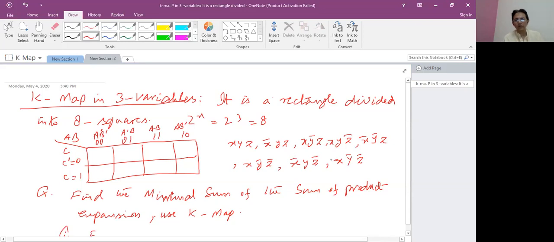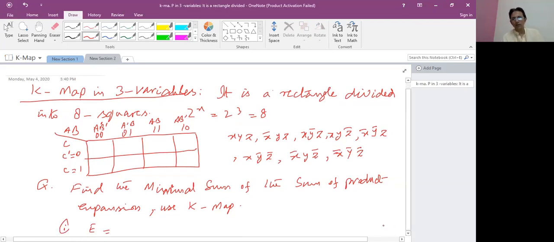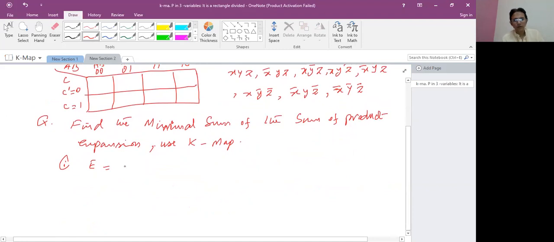These are called the min terms. When we talk about sum of products expansion, the sum of min terms represents the sum of product expansion.